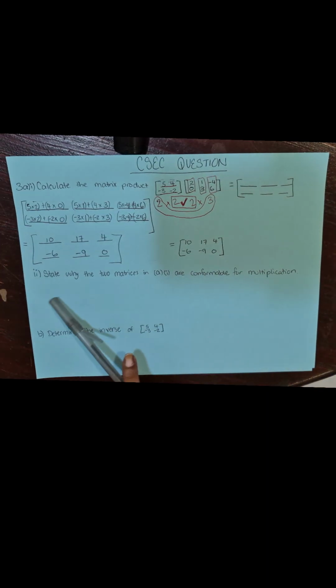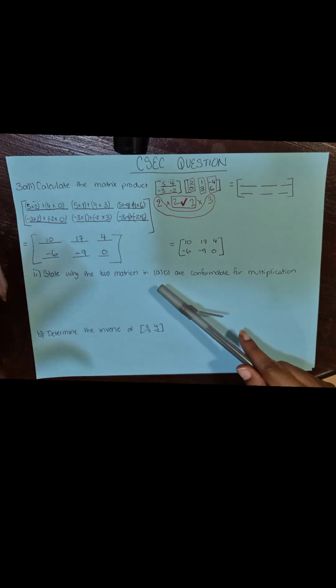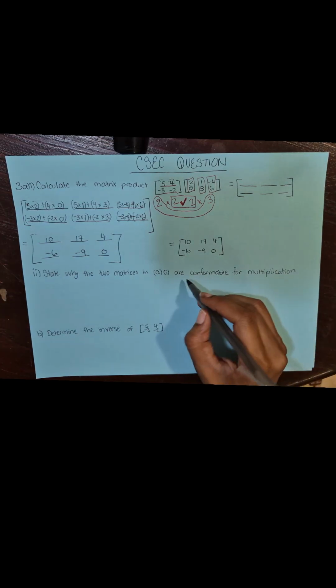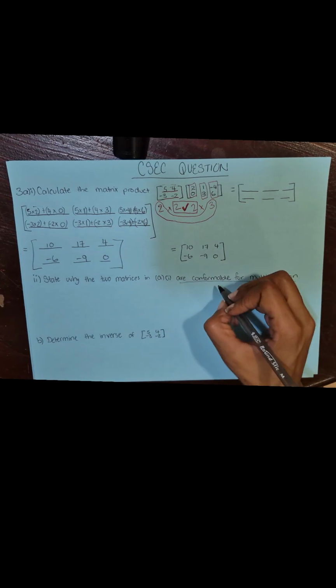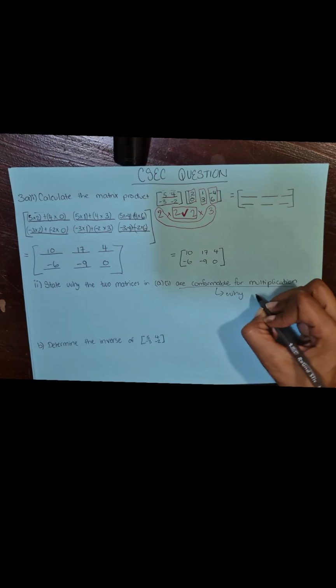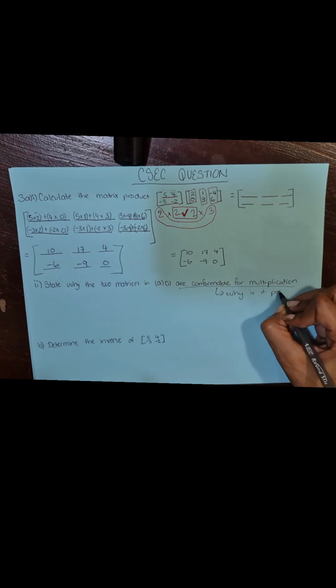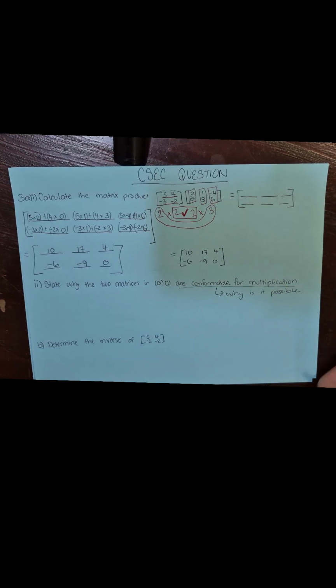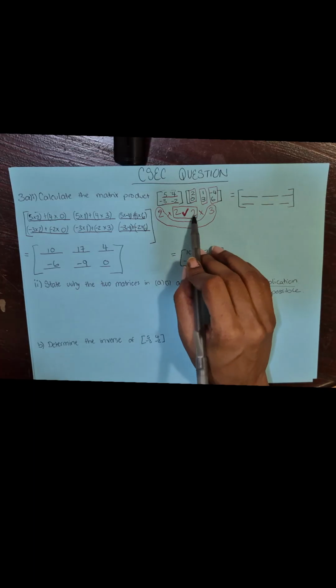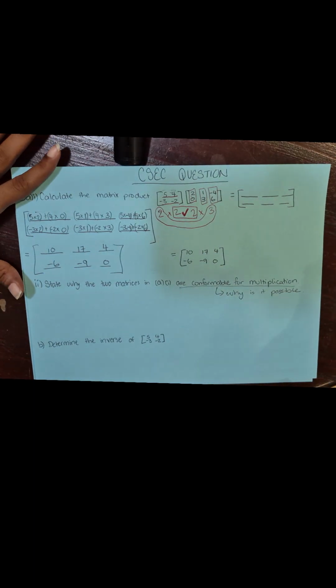Now, state why the two matrices in part A are conformable for multiplication. That means, why is it possible? And we know why it's possible. It's because these two digits match. But how are we going to write that in words?